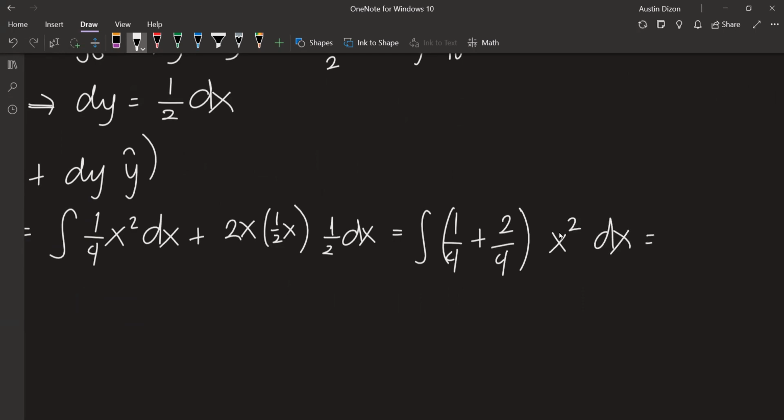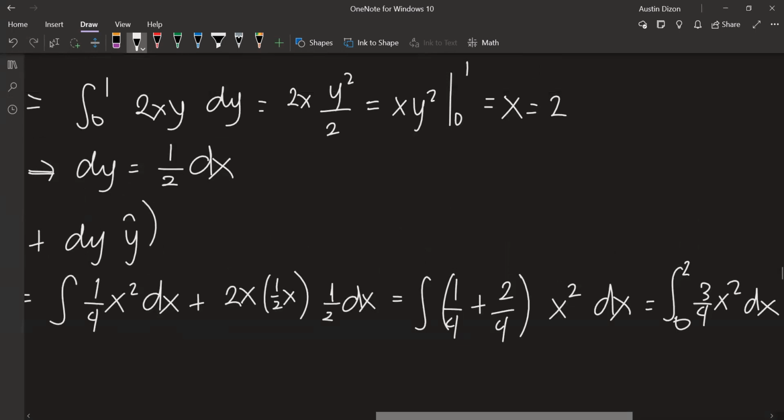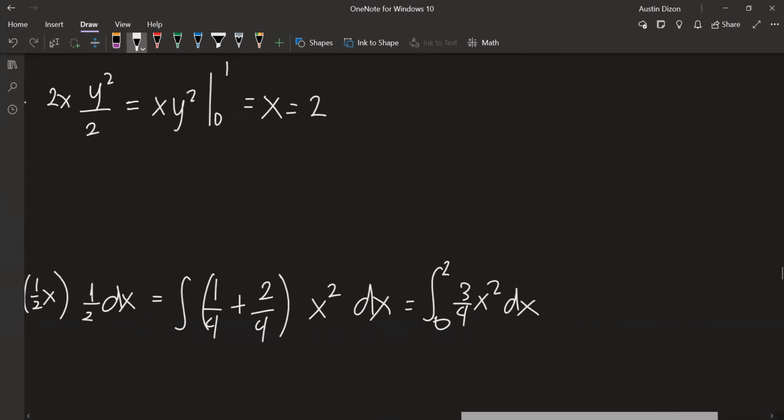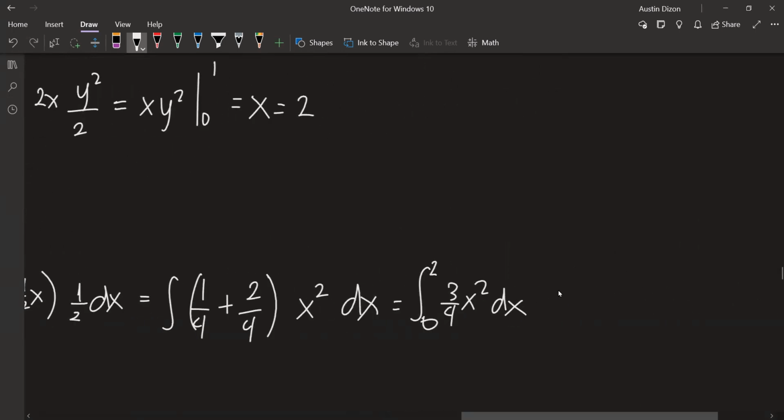And we have 3/4 x squared dx. And yung saan nagra-run yung dx natin? That will be from 0 to 2. Kung nag-dy tayo, ang dadaanan ng integral mo will be 0 to 1. Alright? So, we evaluate this.